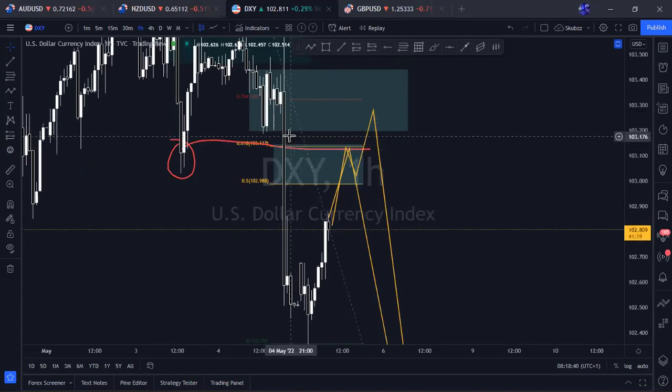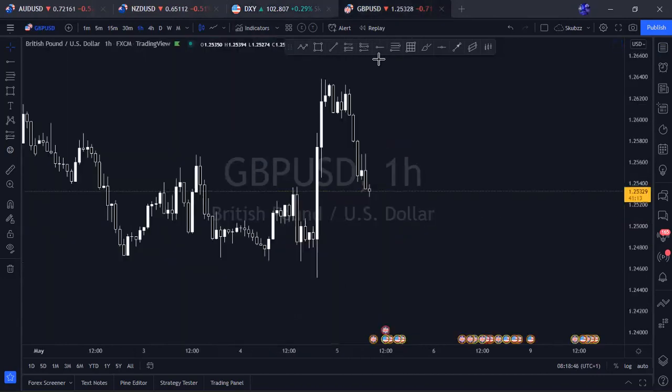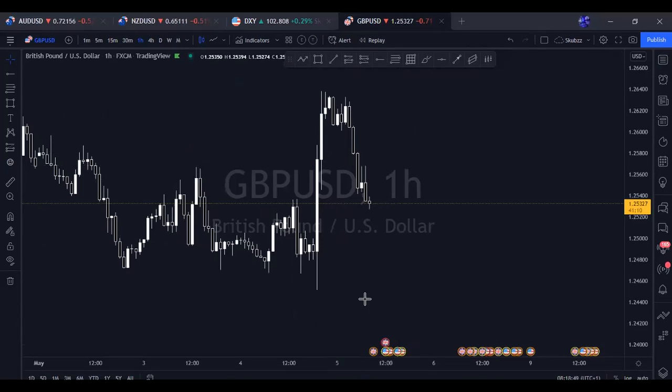I would like to see DXY come deeper and start buying first, and then start selling. Once DXY starts selling, I know that GBP USD will be ready to do that impulsive move, you get. What I think GBP will be doing for now is ranging around this point here before that impulsive move.